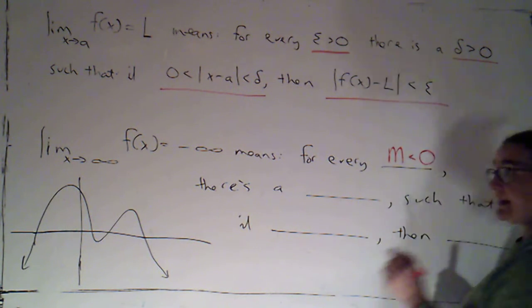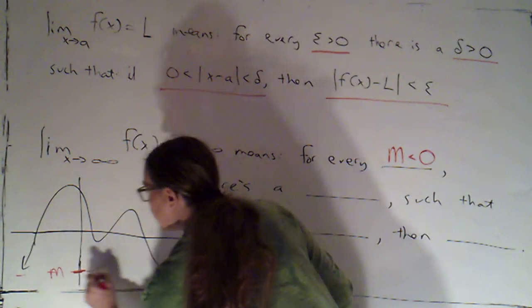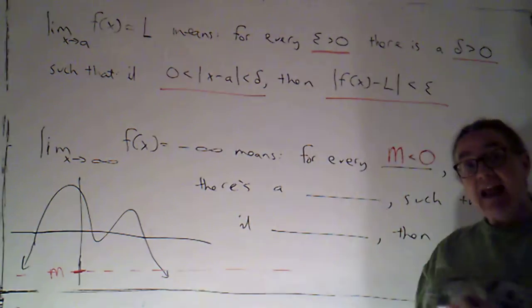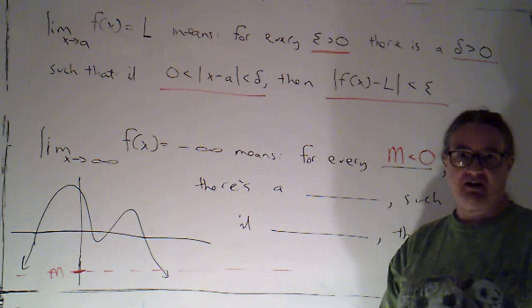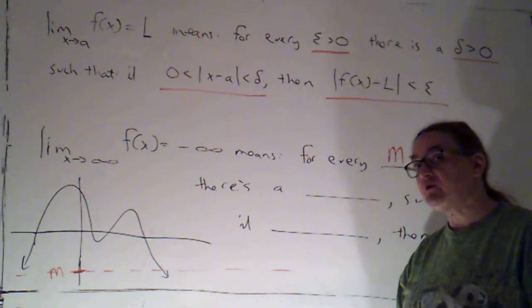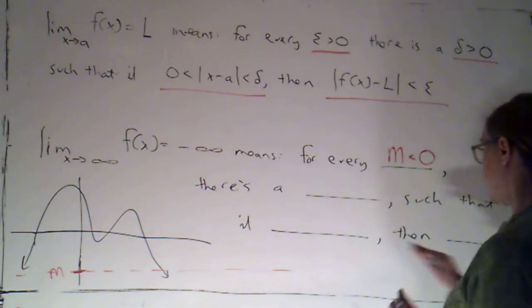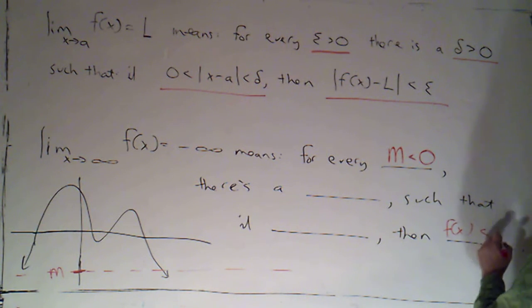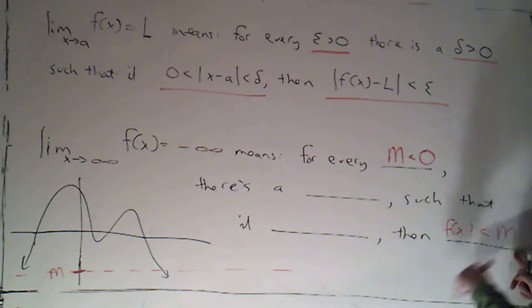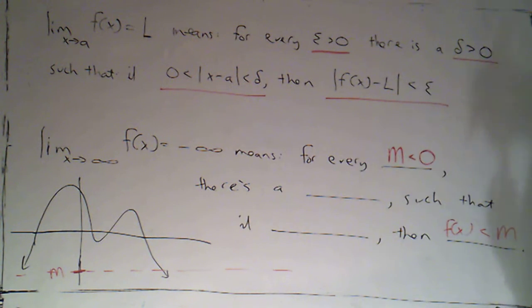So I'm going to introduce a negative number, m, and we're going to view that as our standard of bigness in the negative direction. So that we'll say our y values are big and negative if they're below this line. So that's what we're trying to get to, that f of x is less than m, that it's below that line. So big in the negative direction.